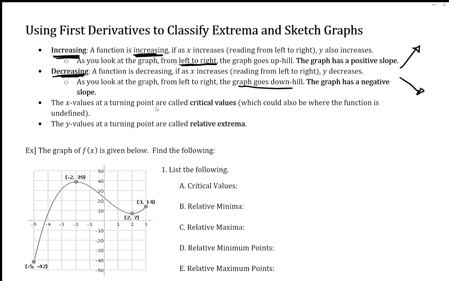Then we have things called turning points. The x values at turning points are called critical values. Something like this right here is where I've got a turning point. Whatever that x value is, it's called a critical value. And the y value at that turning point is called a relative extrema.